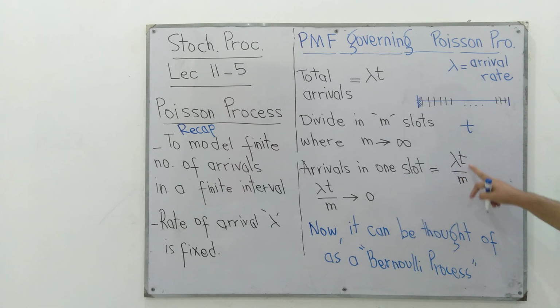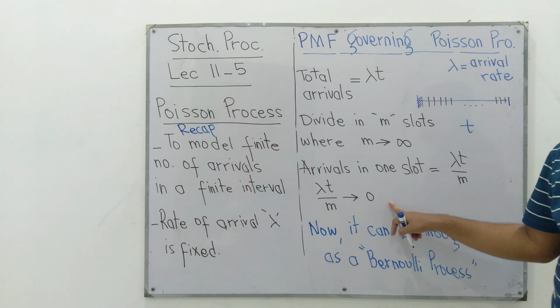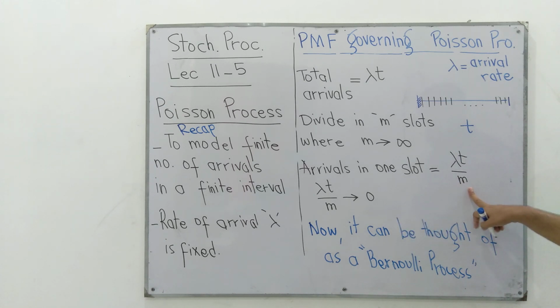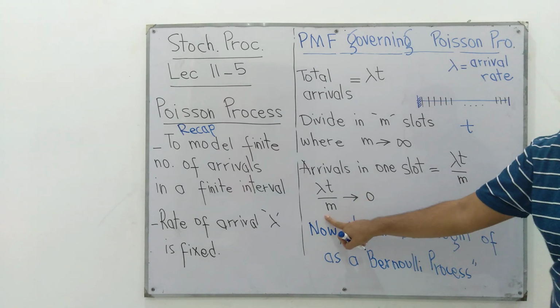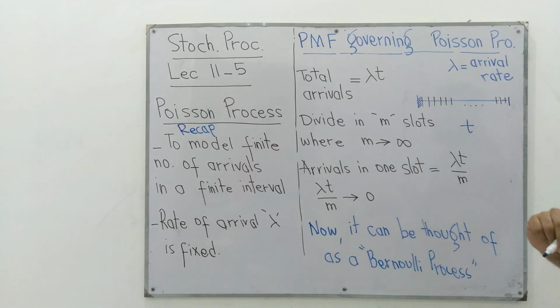This number approaches zero, because m approaches infinity and m is in the denominator, therefore this ratio approaches zero.